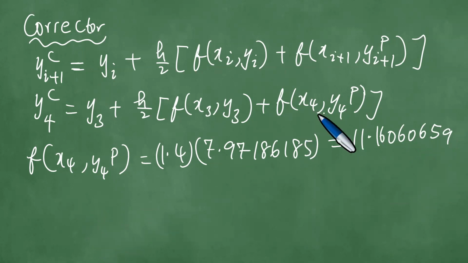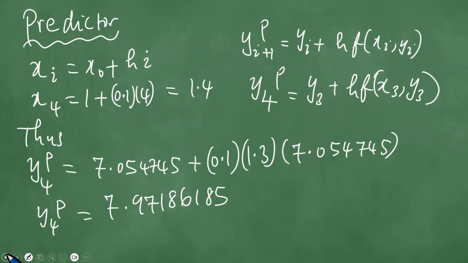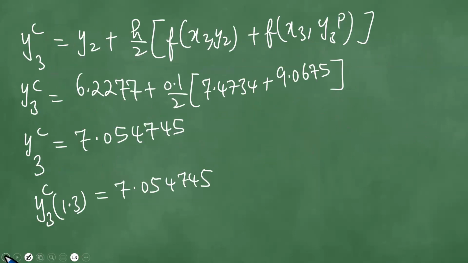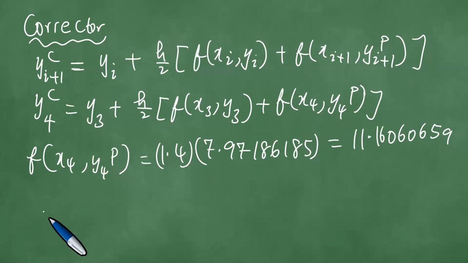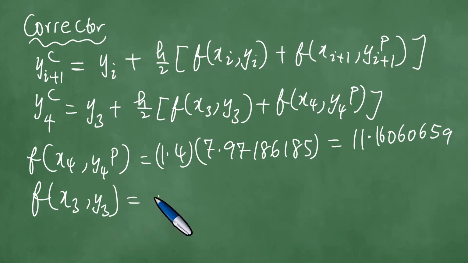Now, this is for this part. And then what is f of x3, y3? Did you get that one? Obviously we need to multiply x3 by y3. x3 is 1.3, like this. And then we're getting y3, which is exactly what we got.